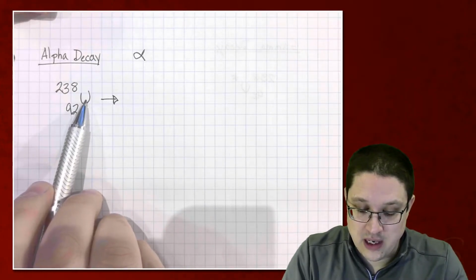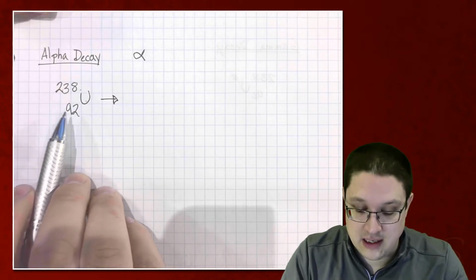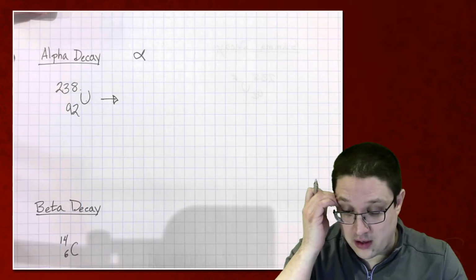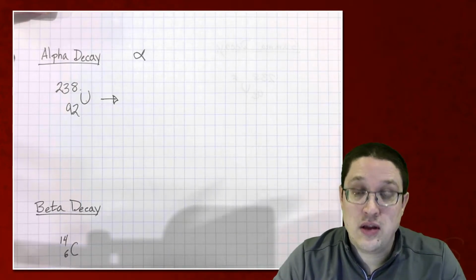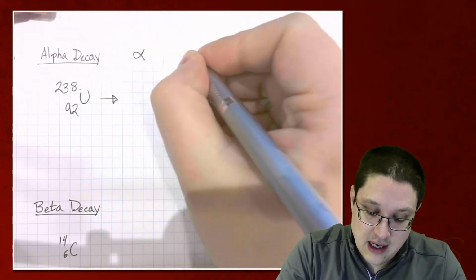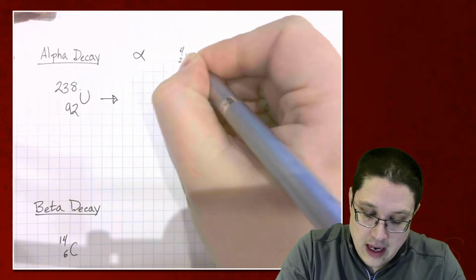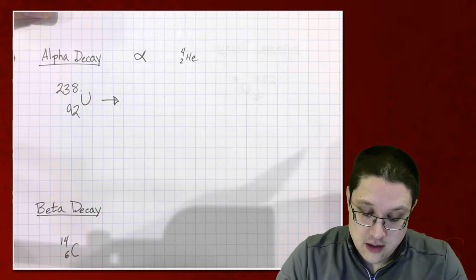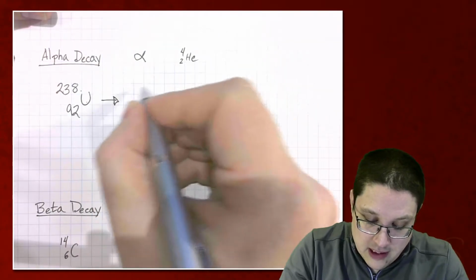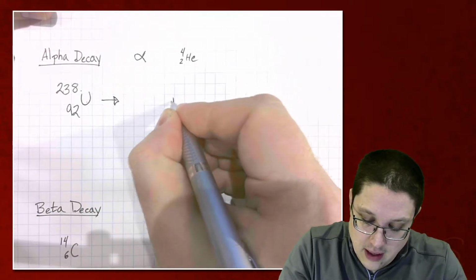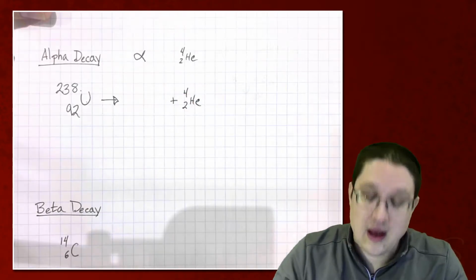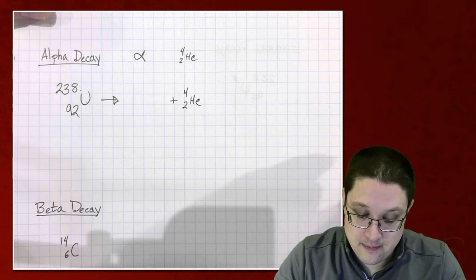It has an atomic mass of 238, has 92 protons. Now this emits an alpha particle. An alpha particle is the nucleus of a helium atom.